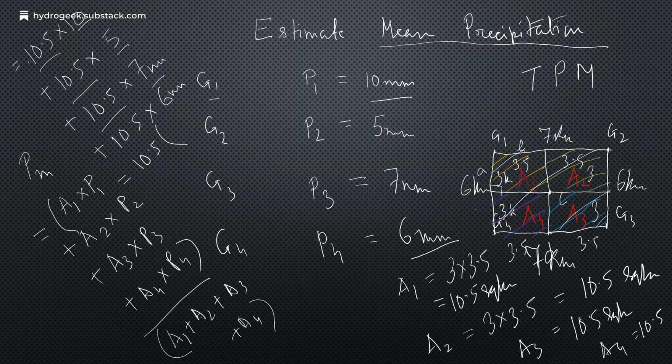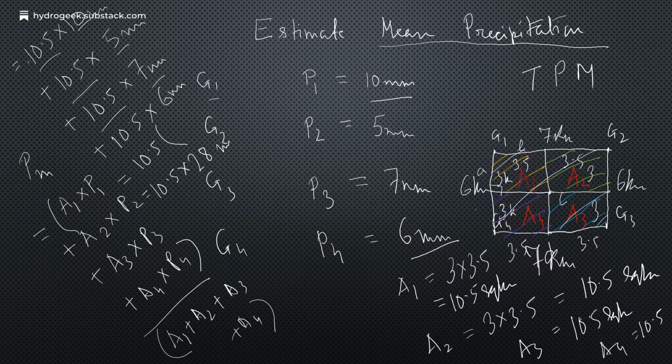These are all in equal unit: 10 mm, 5 mm, 7 mm, 6 mm. So 15, 22, 28. So you can say this as 10.5 multiplied by 28, correct? 10 plus 5 plus 7 means 22, plus 6 is 28.